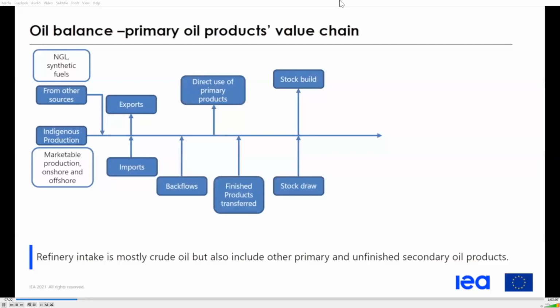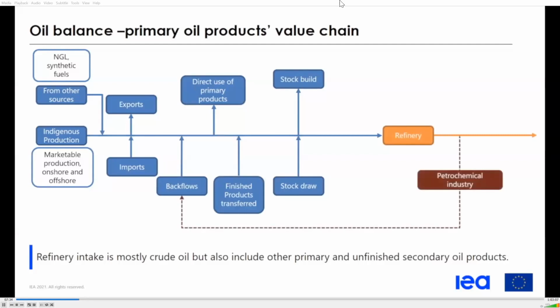And we have some byproducts and finished products that are transferred to be used as input to the refinery. Just a note on the byproducts here, it represents the feedbacks from the petrochemical industries. We will not detail more here, but this is a part of the oil statistics that can be kind of complicated if we look in a closer way.